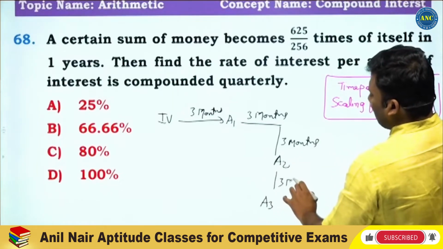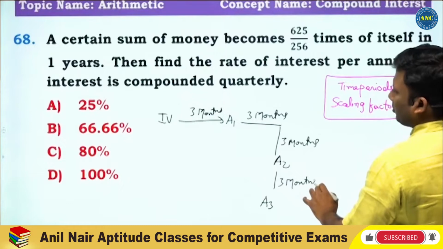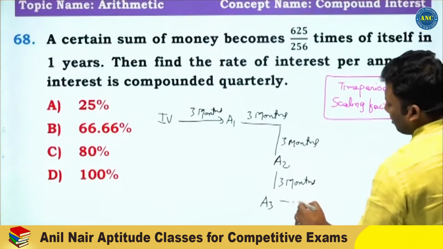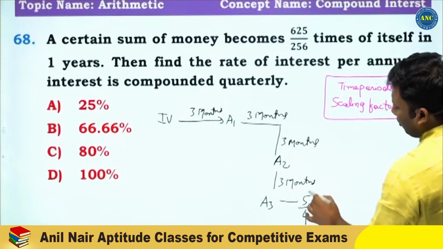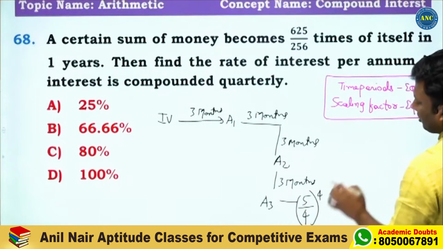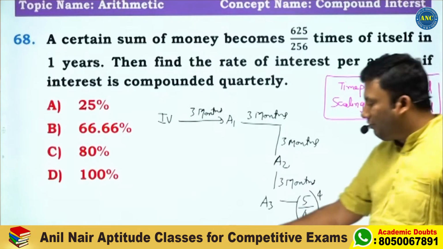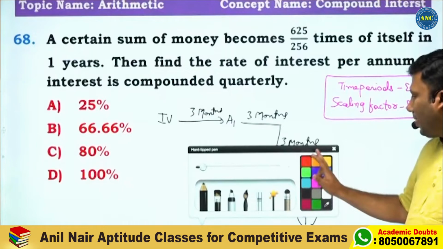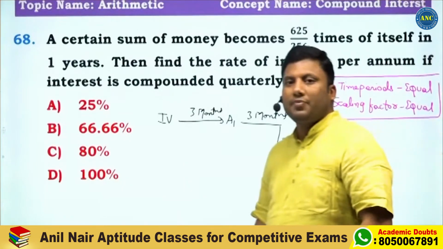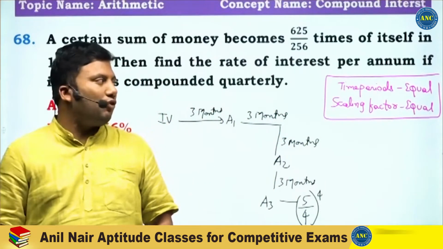Final value is 625 by 256, which is 5 by 4 power 4.